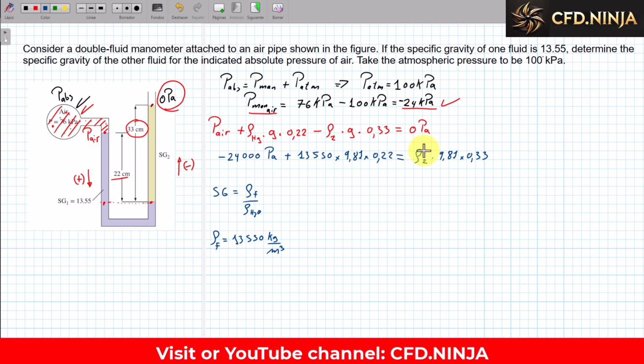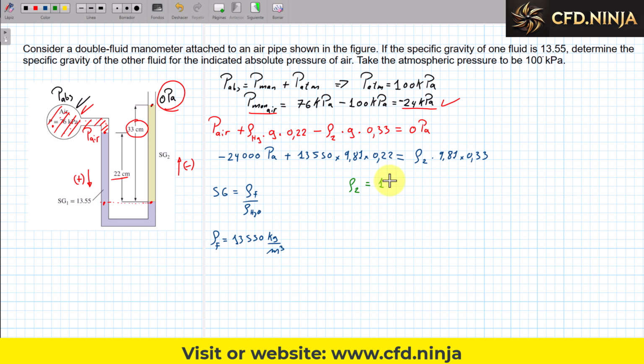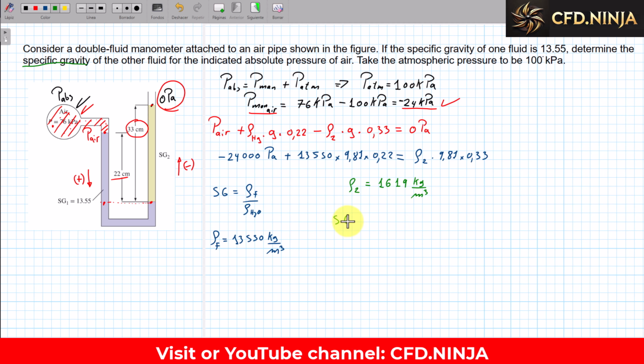My only unknown is this density 2. Solving and replacing, we will have the following. It would be that the density 2 is going to be equal to 1,619 kilograms per cubic meter. But what are they asking me? They are asking me to determine the specific gravity, and what is the specific gravity equal to?